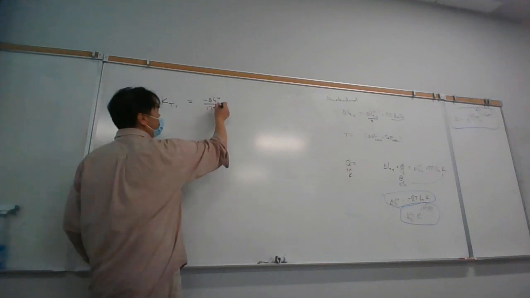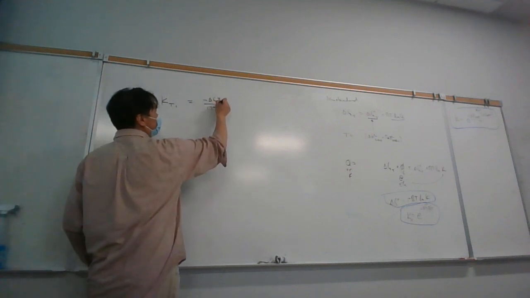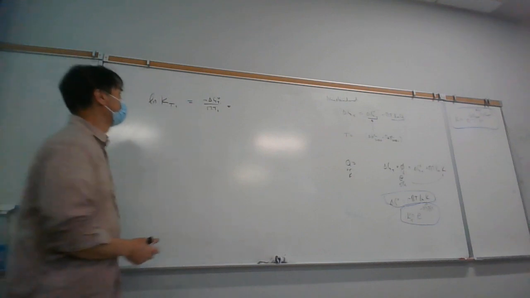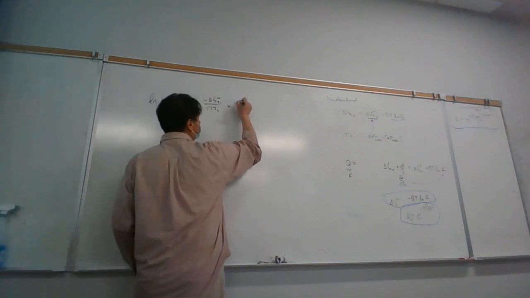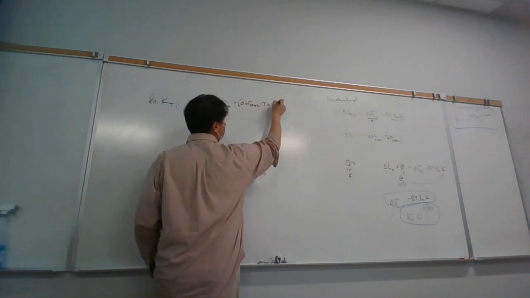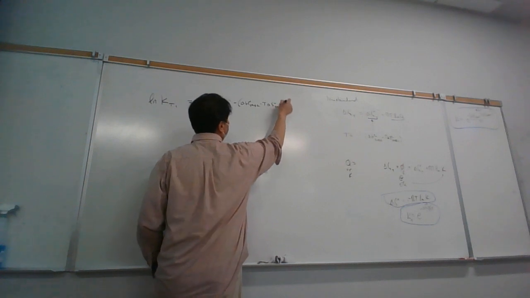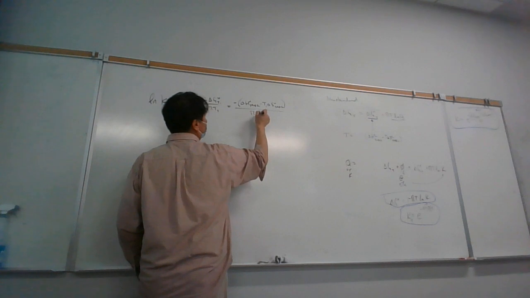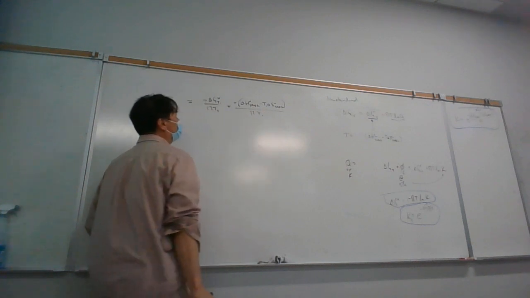But this has to be delta G naught at T1, and we don't necessarily know what delta G naught at T1 is. So we're going to have to replace this with delta H naught at 298 minus T delta S naught at 298, and then this is going to be RT1 here.